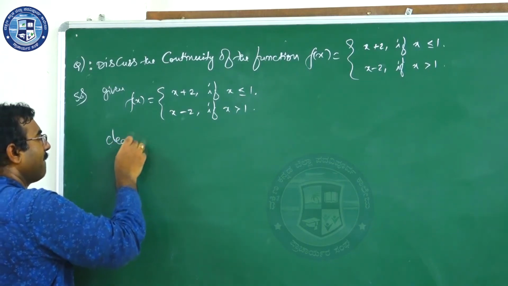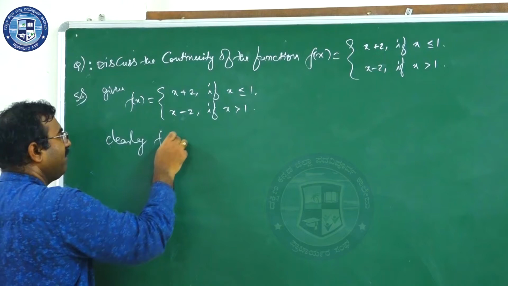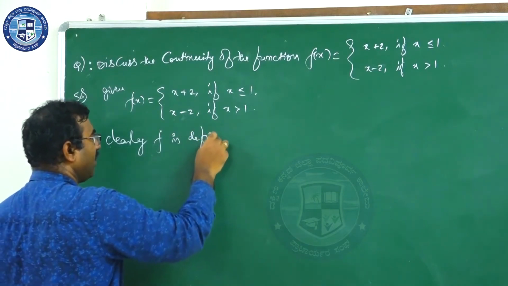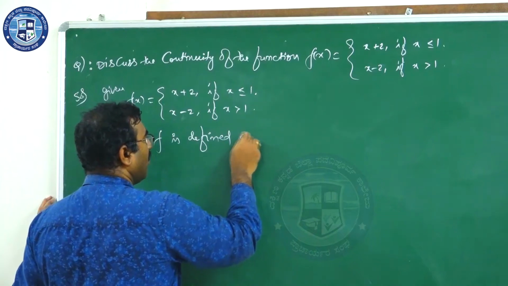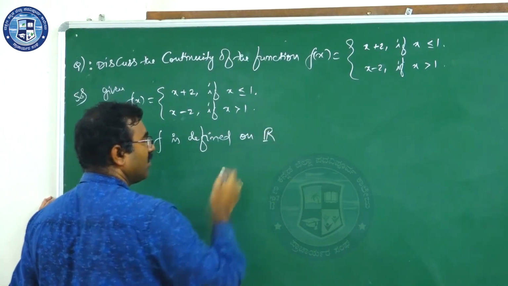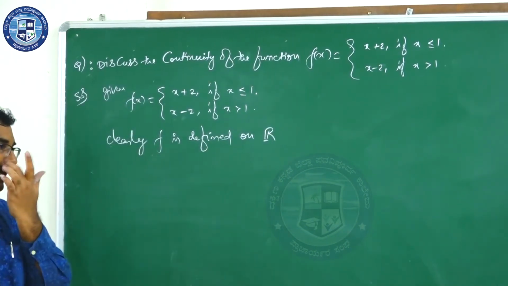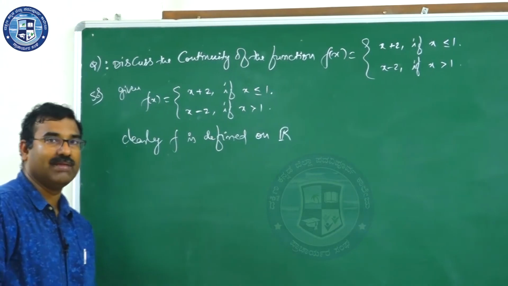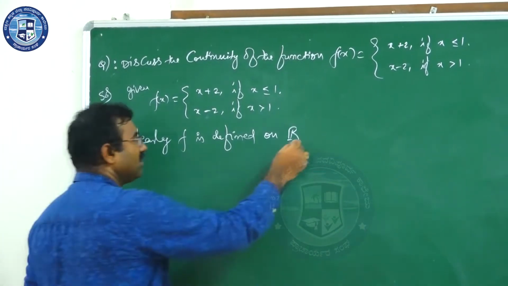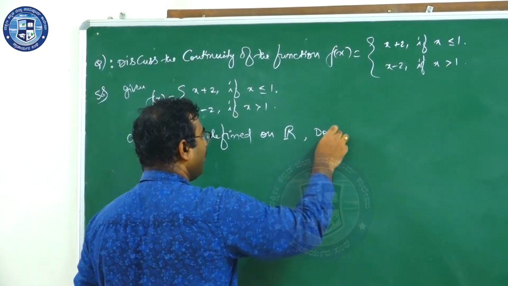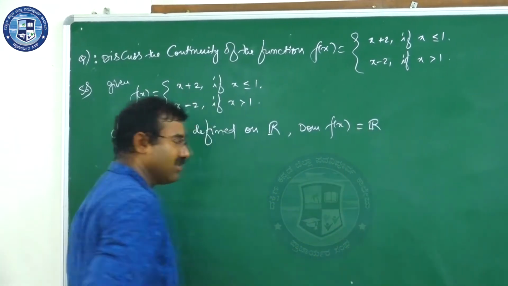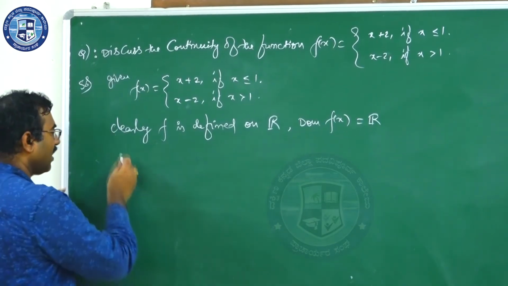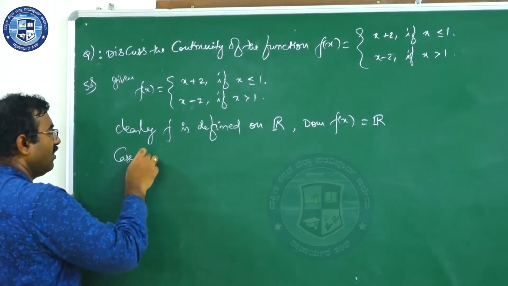Clearly f is defined on R, so at each and every real number the function is defined. So we can write the domain of f of x is equal to R. Now we are going to work out case 1.